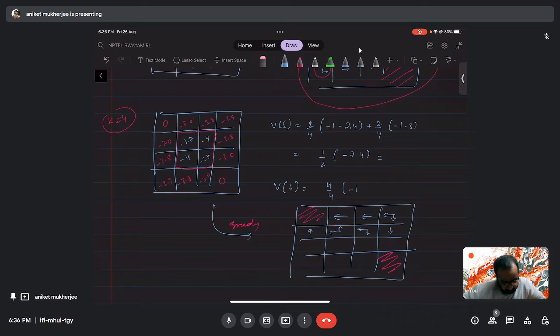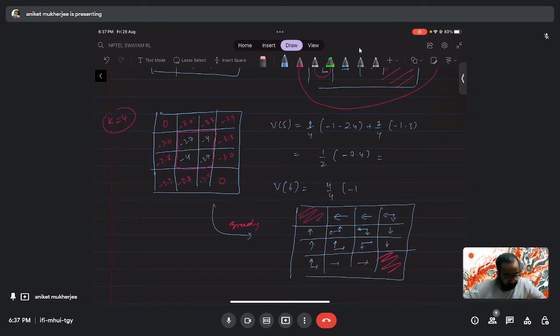And then the next one is going to be up, 3.7, it's going to be up or left, up or right. And then the other one is going to be right or down. Right or down, right? And then down. And then up or right.